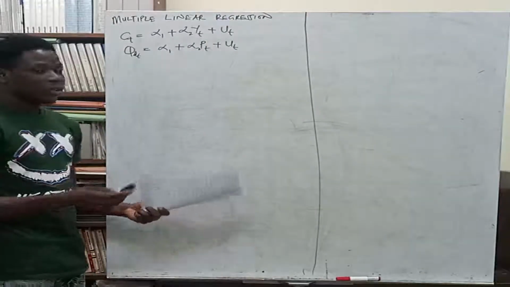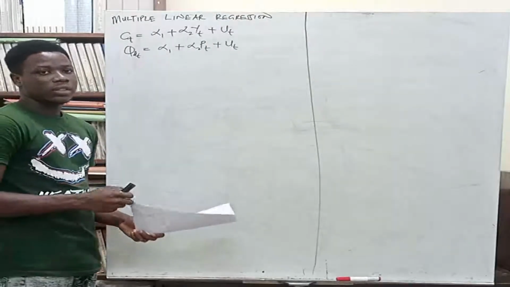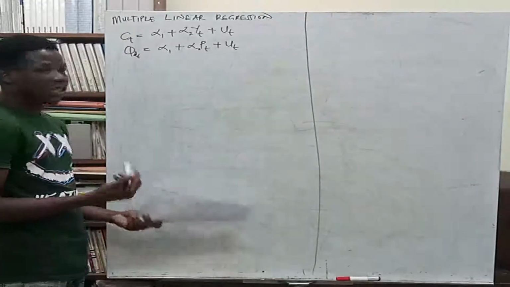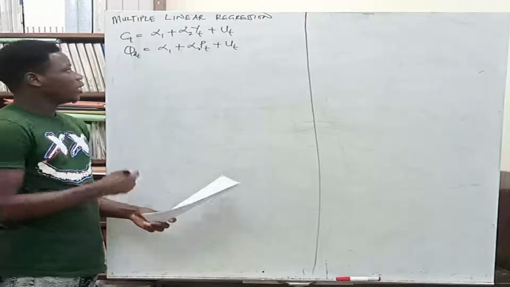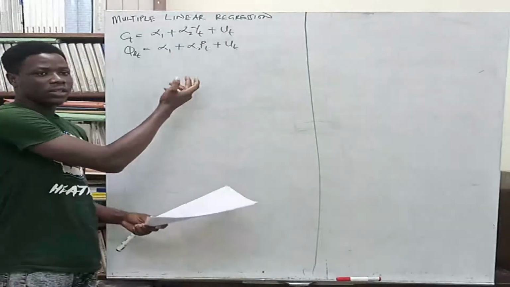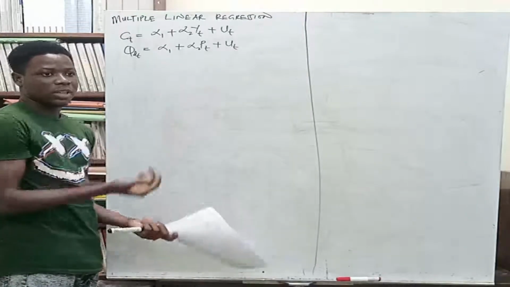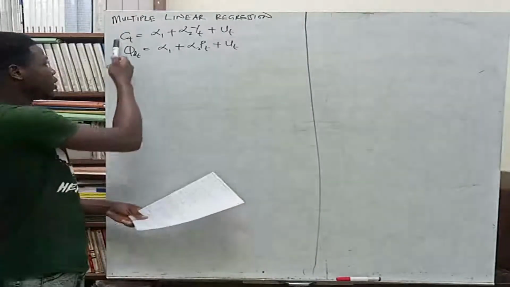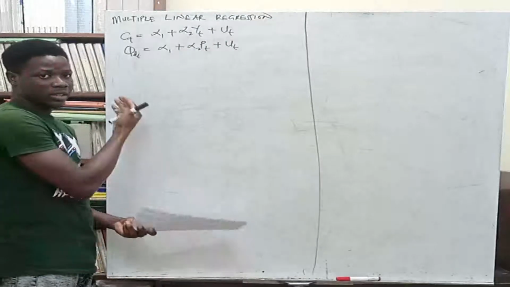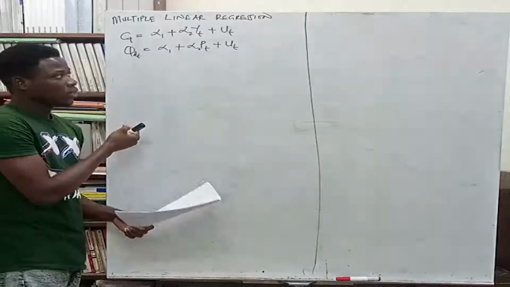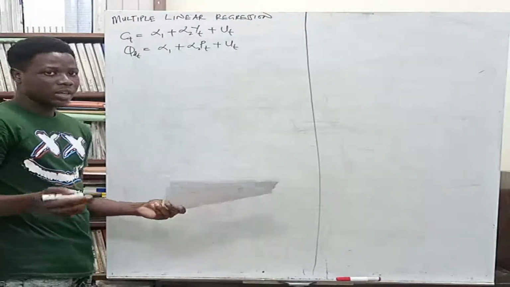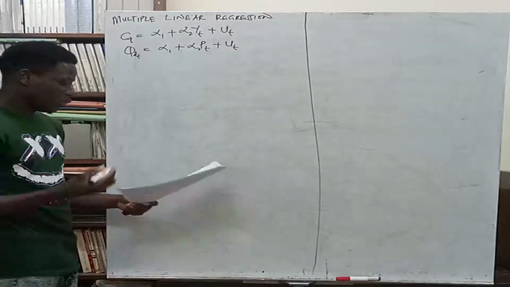So we will understand that the simple linear regression is often inadequate in practice. What do I mean by this? You agree with me that in reality, there are other factors that affect the quantity demanded. There are other factors that affect your consumption apart from the income, and the price in the case of the quantity demanded. So there's a need for us to extend the discussion and include other variables in the model.